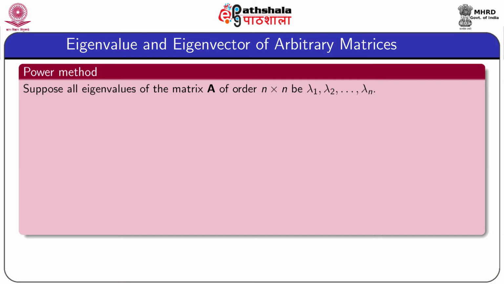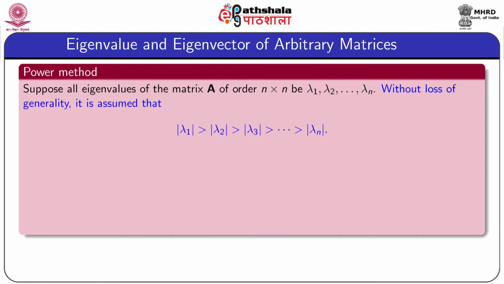Now, we consider another method called the power method to find the largest eigenvalue and the corresponding eigenvector. In the power method, we assume that the order of the matrix A is n by n, that means A is also a square matrix of order n, and let lambda 1, lambda 2 up to lambda n be the n eigenvalues of the matrix A. And without loss of generality, it is assumed that the magnitude of lambda 1 is greater than the magnitude of lambda 2, greater than the magnitude of lambda 3, greater than and so on, greater than the magnitude of lambda n.